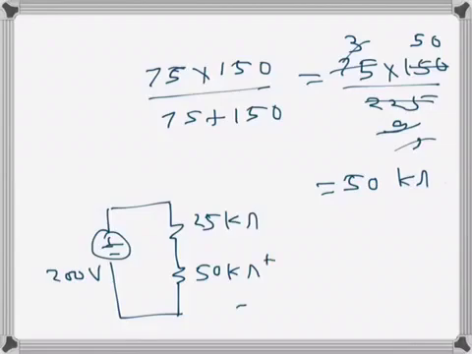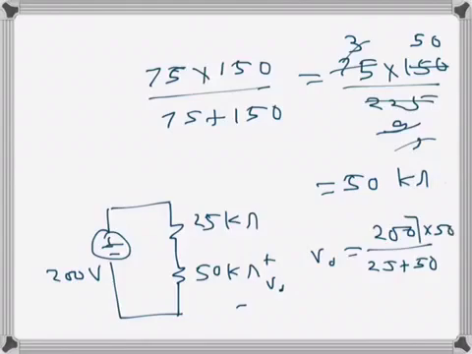Now V0, which is a changed one, will be 200 divided by 25 plus 50, times 50. Once we do it, this is 75 and 50, and we get 133.33 volts.